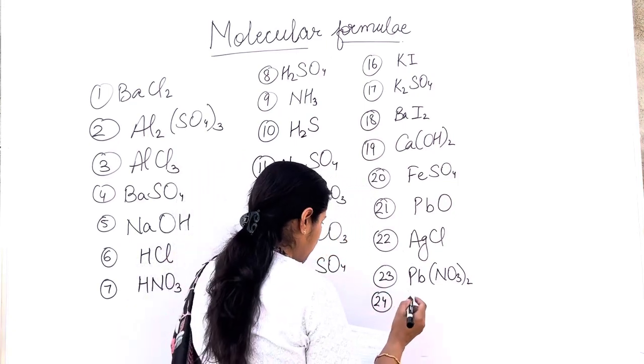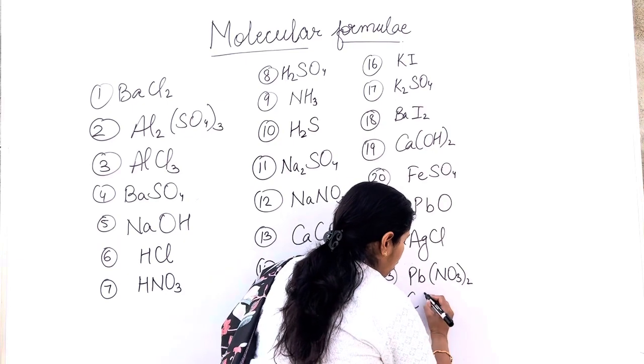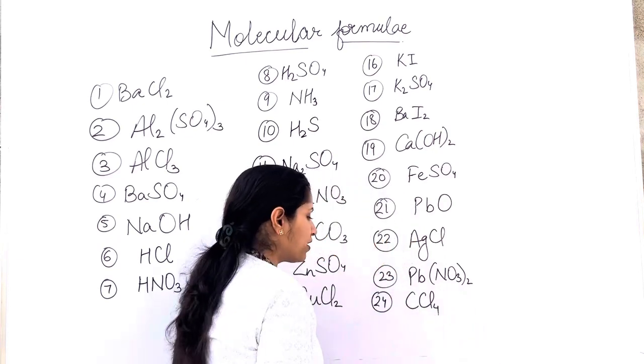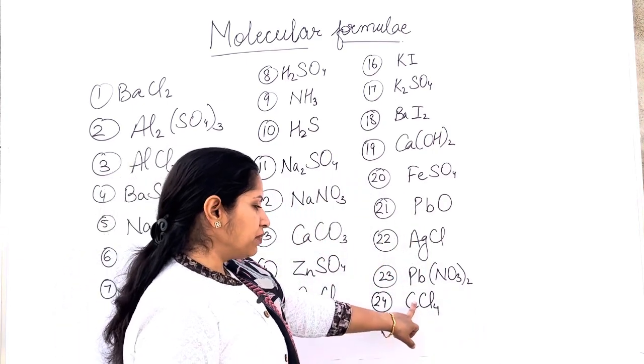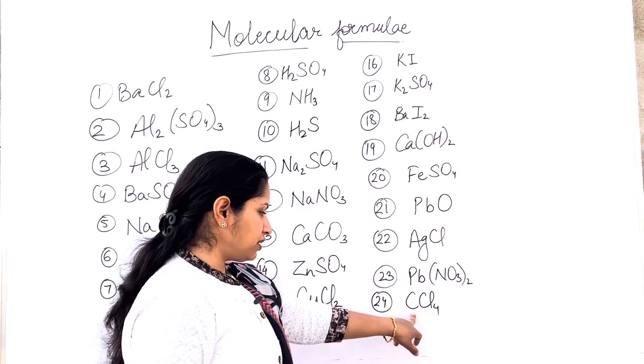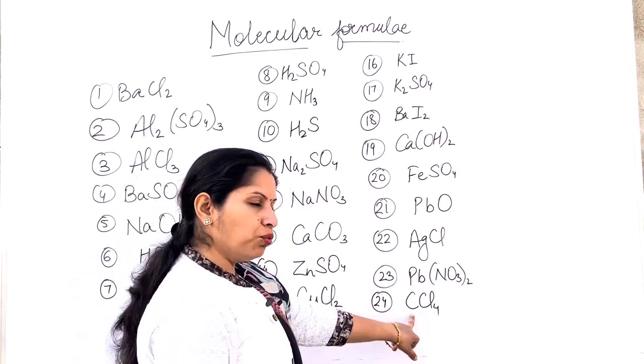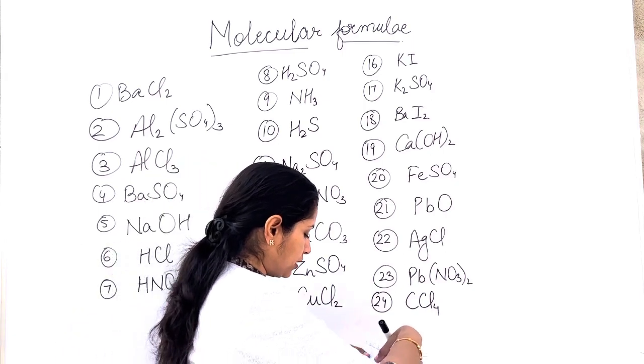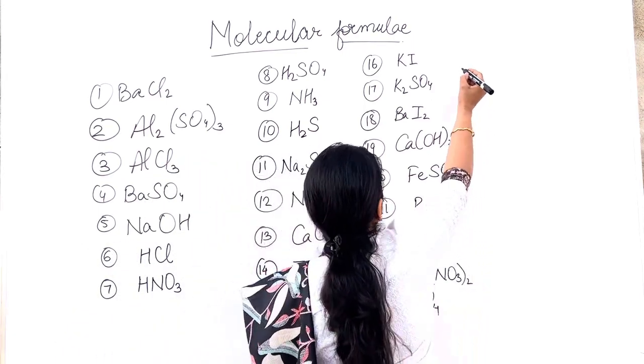Then comes carbon tetrachloride or carbon chloride, whatever it's written, but you know that carbon has a valency 4 and chloride has valency 1. Okay. Then 25th is magnesium chloride.